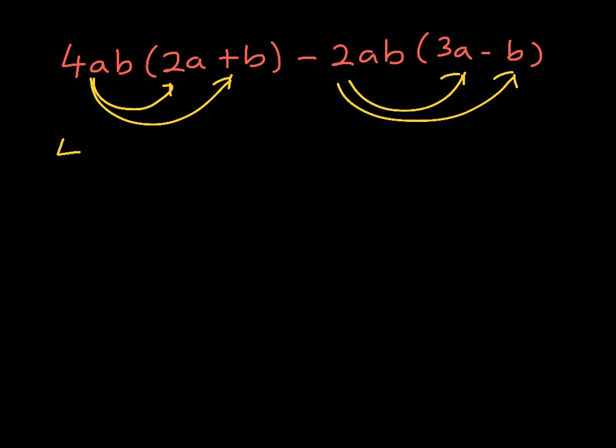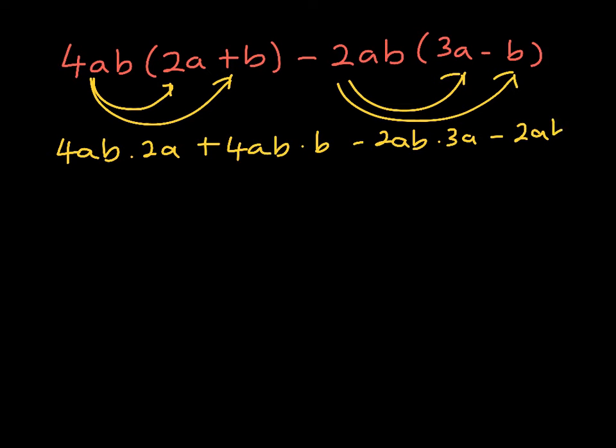So this is going to be 4ab multiplied by 2a plus 4ab multiplied by b minus 2ab multiplied by 3a minus 2ab multiplied by negative b. Remember 4ab is the same as 4 times a times b and then times 2 times a.